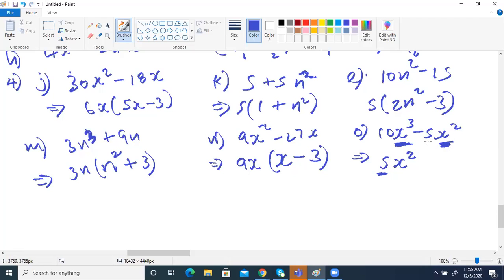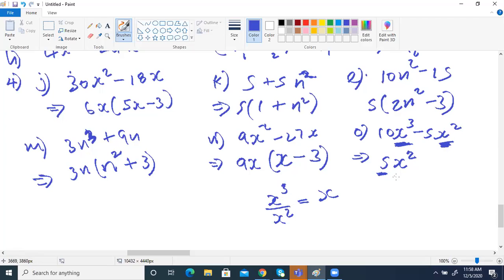So x squared can go into x cube. When it goes in, it leaves another factor of x. It gives you x. So what's the answer, sir?